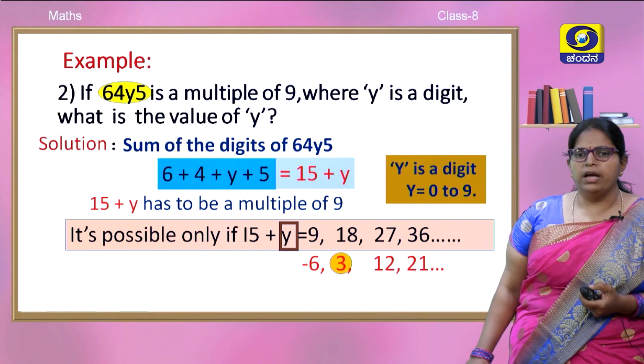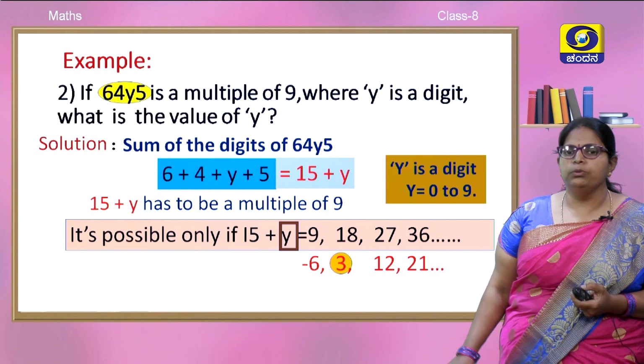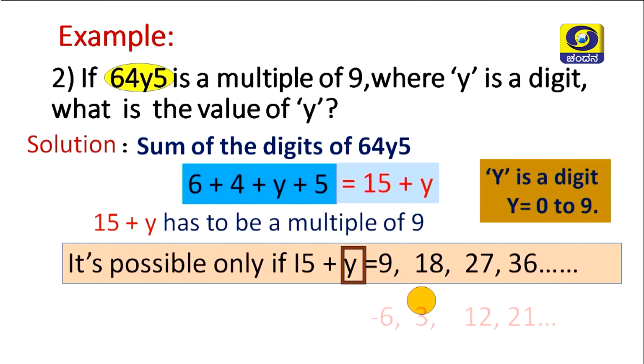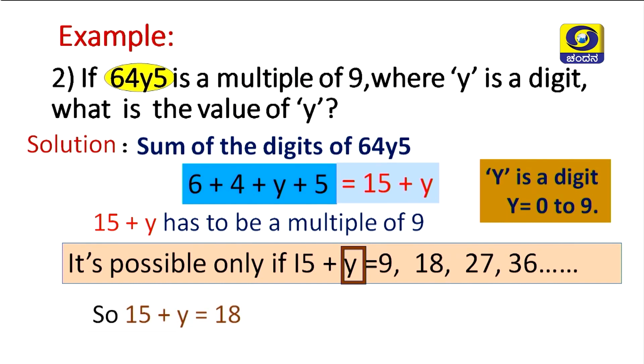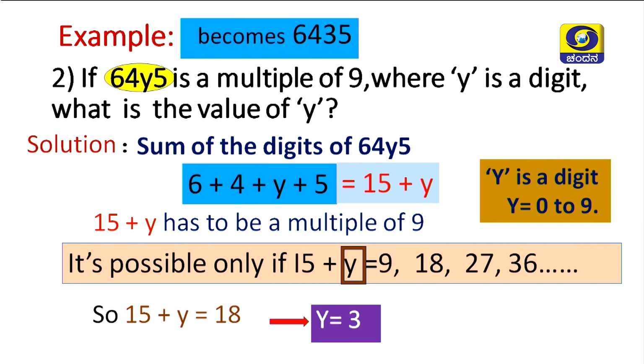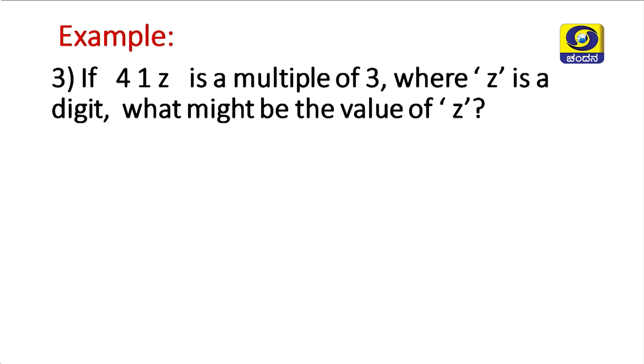Therefore, y can be equal to 3 only. Therefore, we can say 15 plus y is equal to 18. That means y is equal to 3. The number becomes 6435.